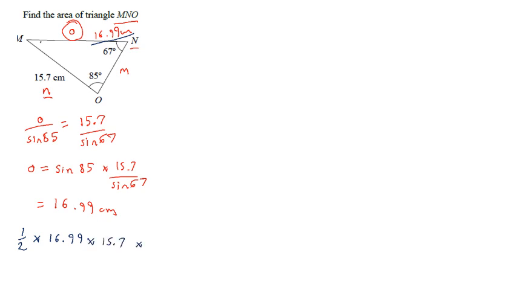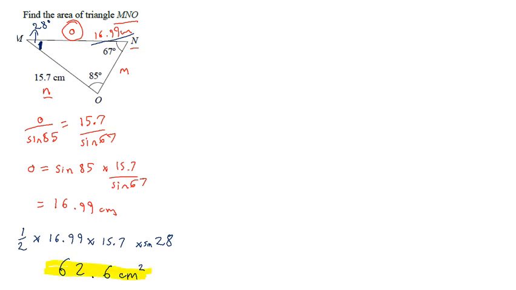I use the angle between them, which is this angle here. So to find this angle here, let's just use angles in a triangle. So it's 180, take away 67, take away 85, which is 28 degrees. So times sine 28. We input this now into our calculators. And when we do that, we get this answer, 62.6. Remembering, because this is area, my unit needs to be centimetres squared, super important.